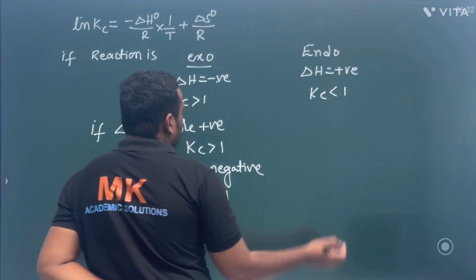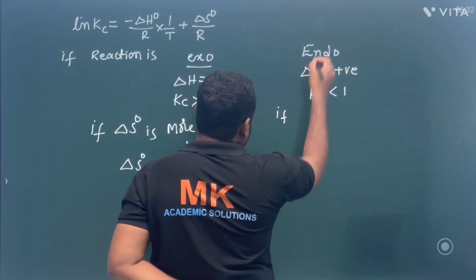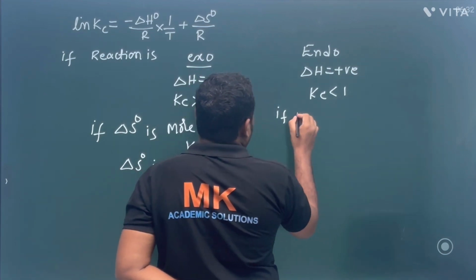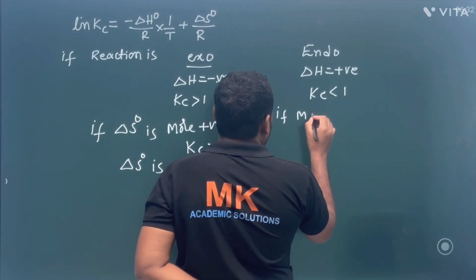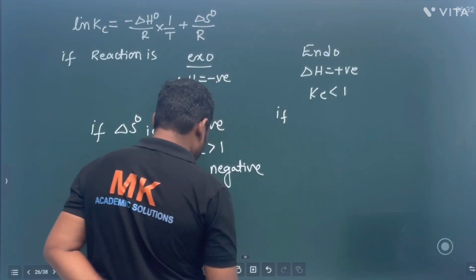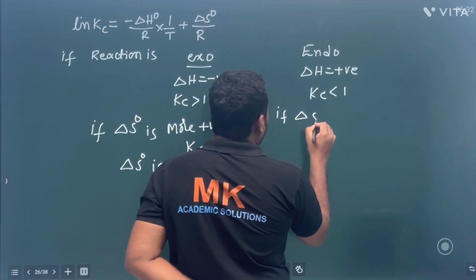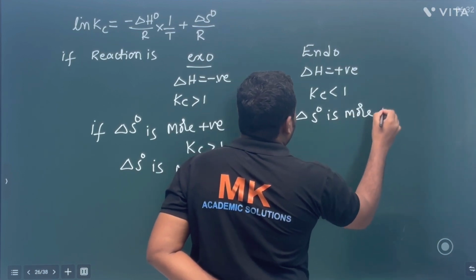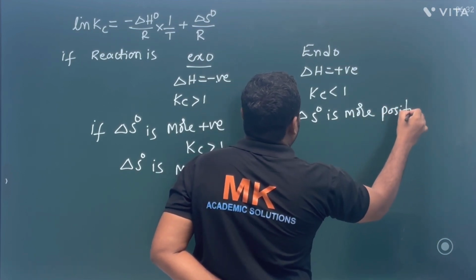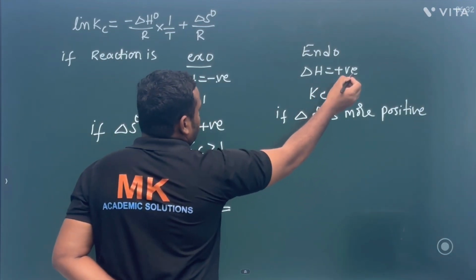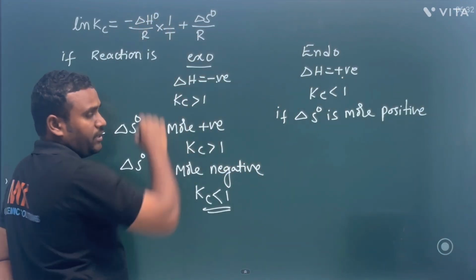Next, in this case, if delta S naught is more positive, here actually delta H is positive, no, positive into negative will become negative.